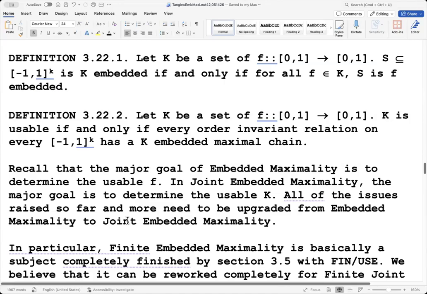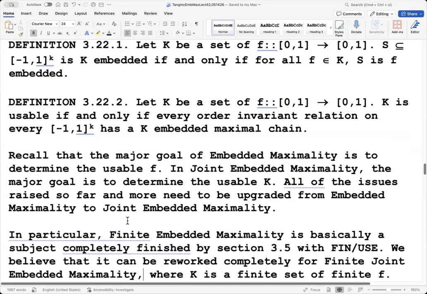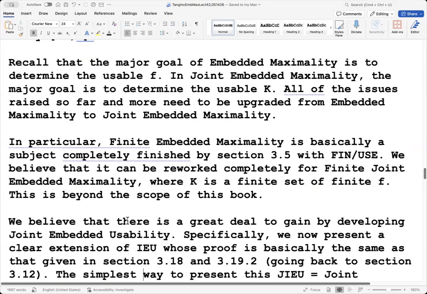So we can take almost any of the conjectures we're considering about embedded maximality and put it onto joint embedded maximality for more research. In particular, finite embedded maximality is basically a subject completely finished by my section 3.5. We believe that it can be reworked completely for finite joint embedded maximality, where K is a finite set of finite F.